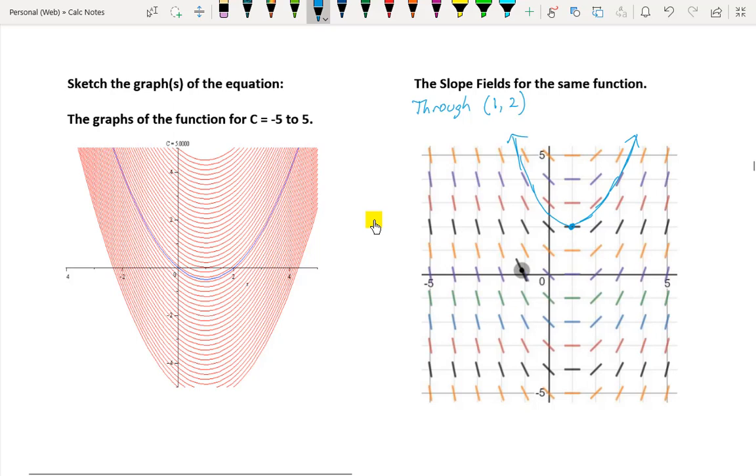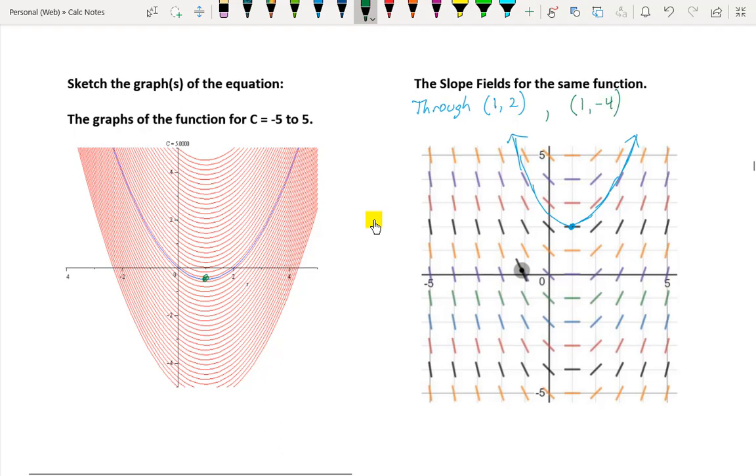Okay, and if I chose another one, I could choose a second one here. You can see the vertices of these parabolas, even on the left side, are all right at x equals 1. So if I choose another one, the easiest one to choose would be 1 comma, let's say, negative 4.